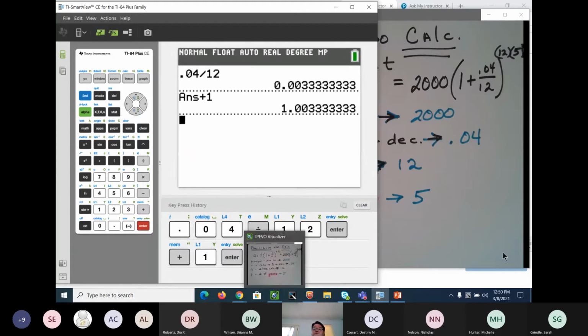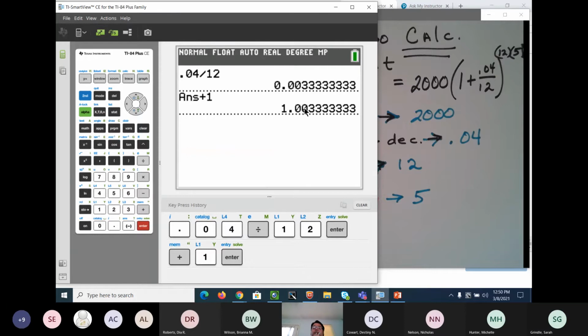Question so far, any? So in the parentheses is 1.00333333 repeating. Now you can do this in your head, or you can do it outside the margin by hand, or you could actually raise it, hit the caret symbol.